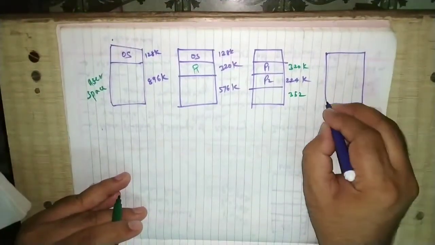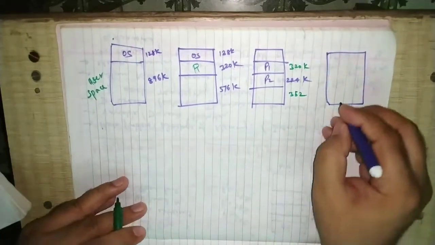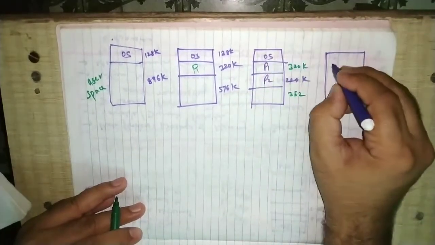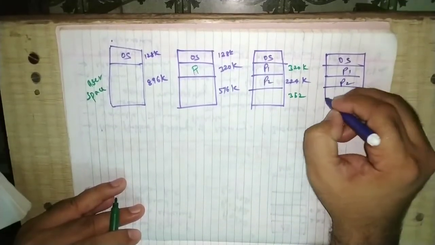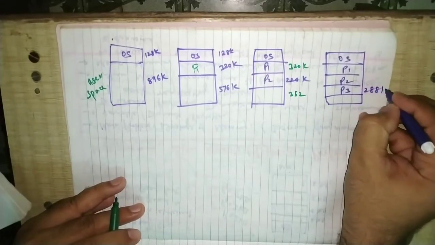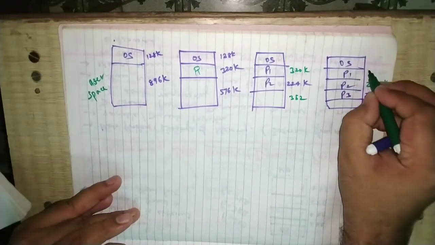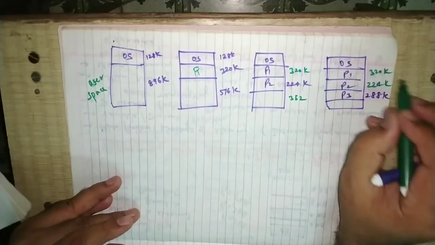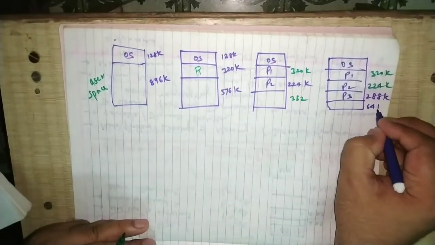Process 3 requires 288k. So we have the OS, process 1 at 320k, process 2 at 224k, and process 3, and now we have 64k remaining.